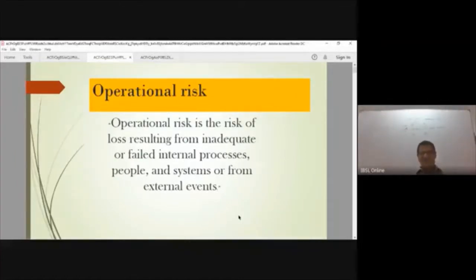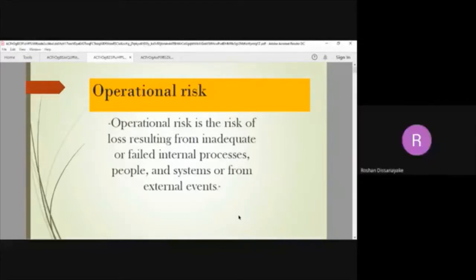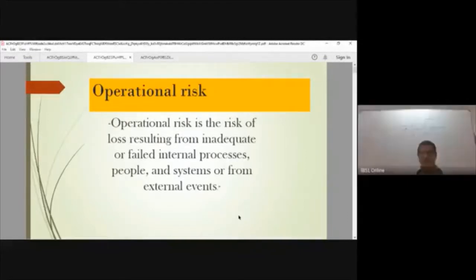And banks also have various systems, especially computer systems, and failure or inadequacy of those will also result in operational risk. Apart from that, we also have situations affecting external events. Now, under the current situation, the epidemic is an external event which led banks to safeguard the bank's premises and safeguard their staff.